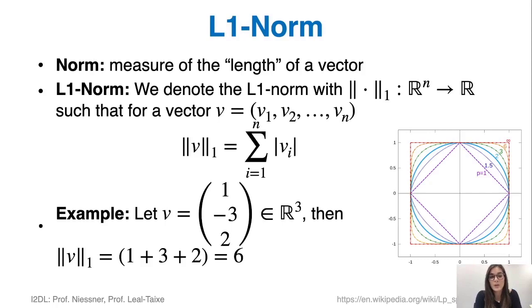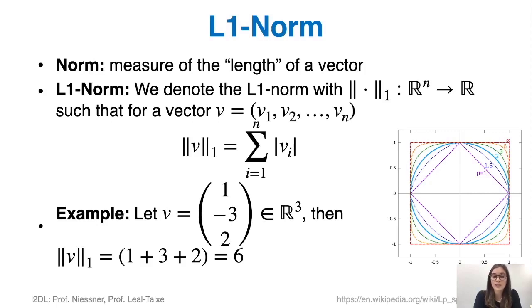And let's have a look at one simple example, just to make sure that we understand the concept. In this case we take a vector v, which is defined as an element from R3, and it has the components 1, minus 3, and 2. And when we want to calculate the L1 norm, we just need to use the definition that we gave above.